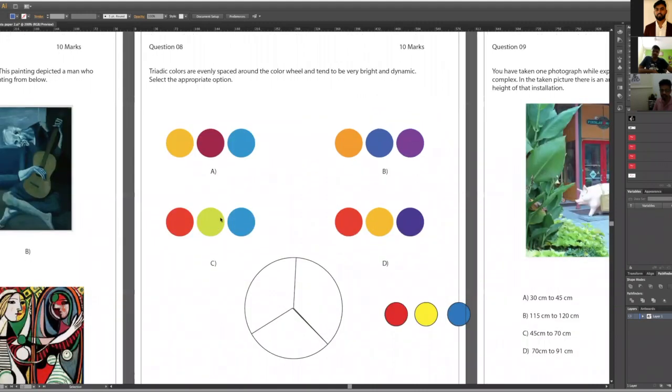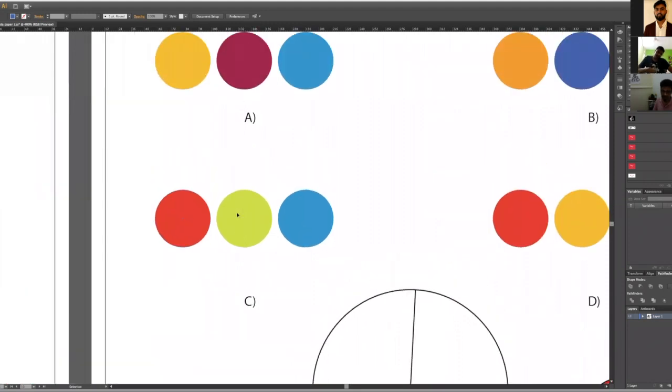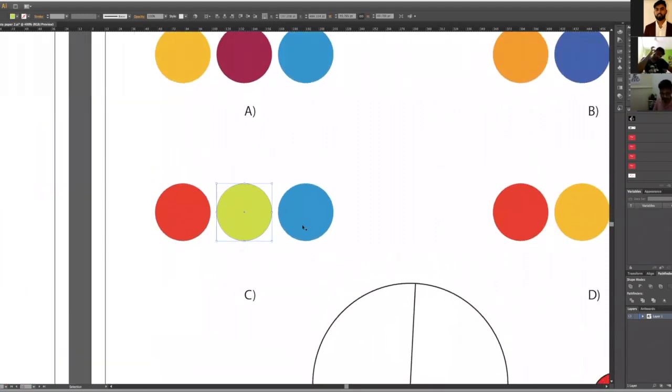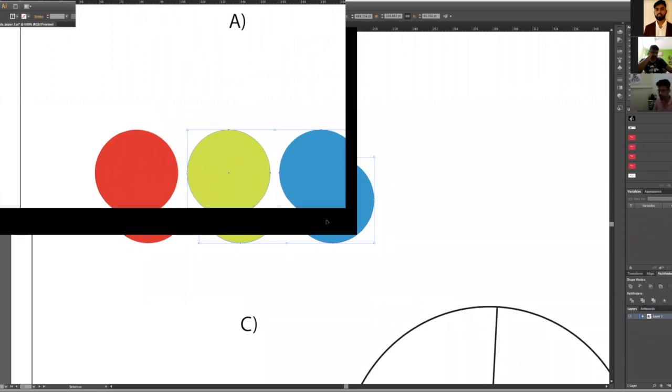Similarly, I have C. This is red, I mean cherry red, then grass green. No, this is plastic green, then again the same blue. Again, green and blue are the same family. It's a toned down version of it, meaning when you mix yellow and blue it becomes green.